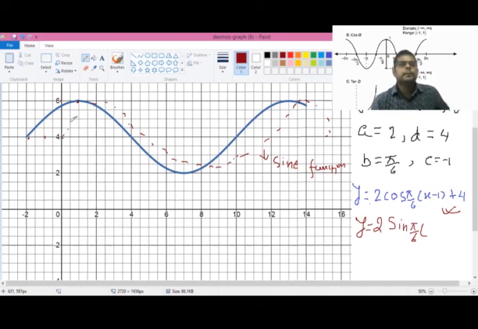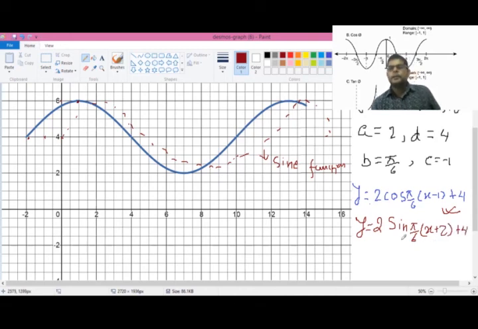Therefore the sine seems to shift 1 and 2 steps left. So instead of x minus 1 for cos, for sine we can write x plus 2, because there is a 2 unit shift towards the left along the x-axis. So it is plus 2 and plus 4.